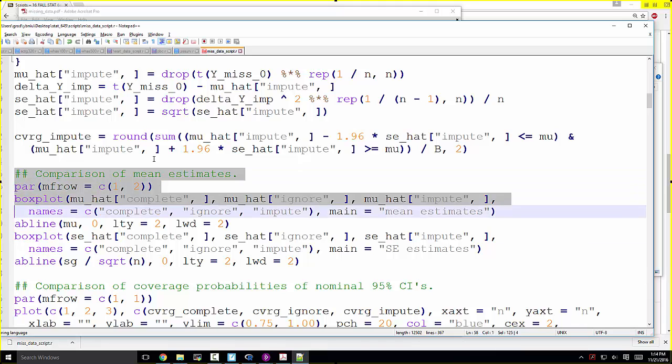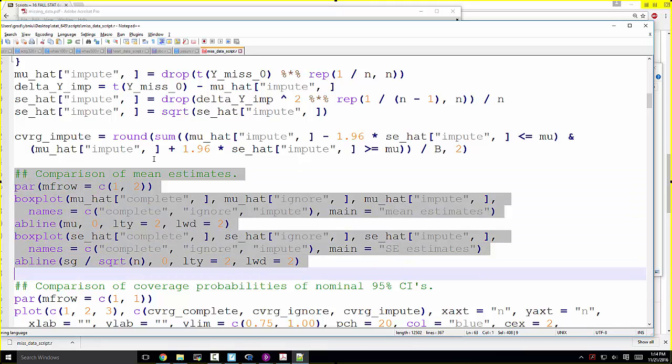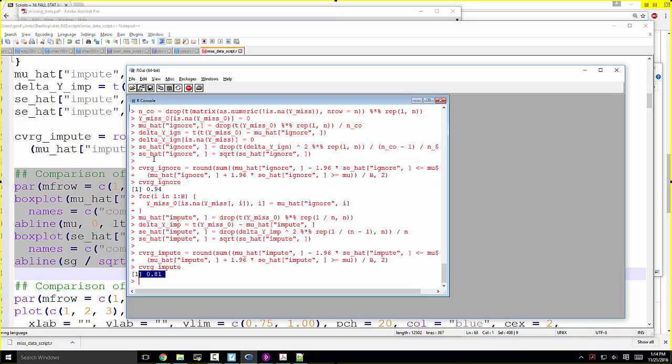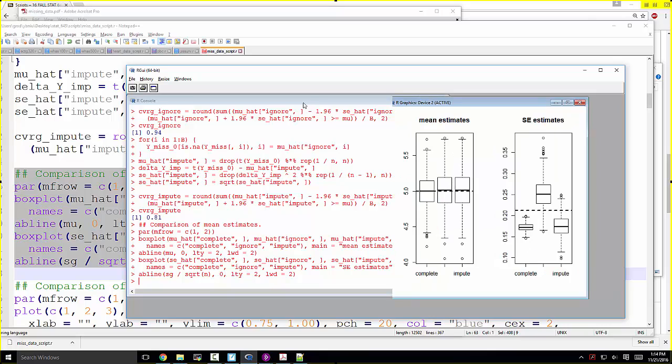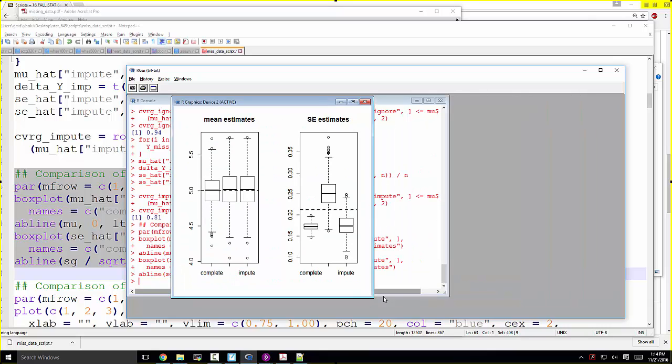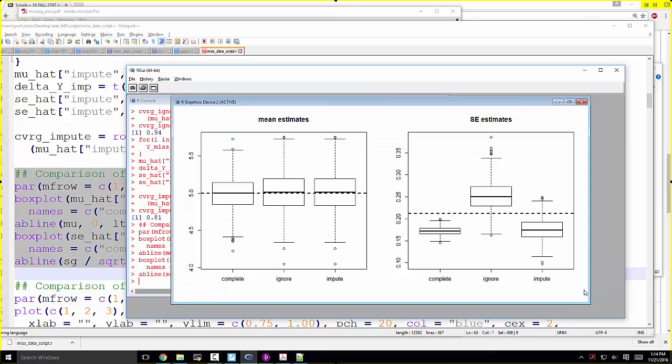Let me make this picture. This picture is a comparison of the estimated means and estimated standard errors. So the left panel shows the estimated means. The leftmost box, for example, is by using just the complete data. This was before we created any missingness.